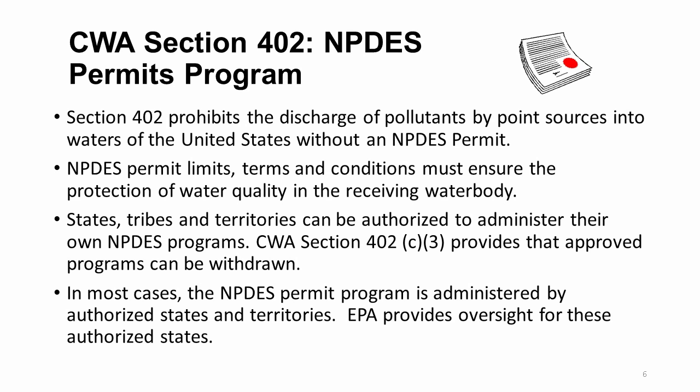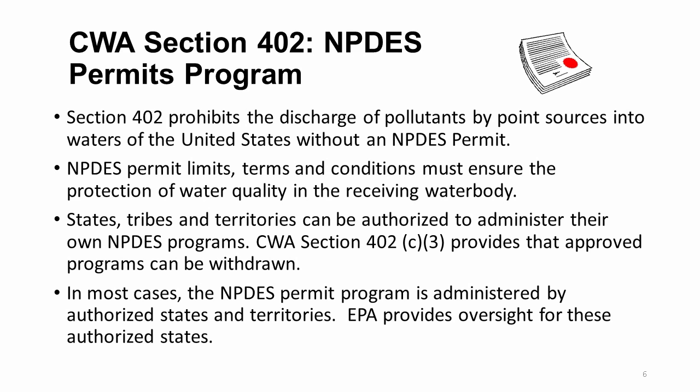You'd also look at the anti-degradation policy, and that would govern what's applicable to that receiving water that your discharger is discharging into. And then lastly, you would look at whether there are any general policies in your state, and those include mixing zones or low flows or variances.